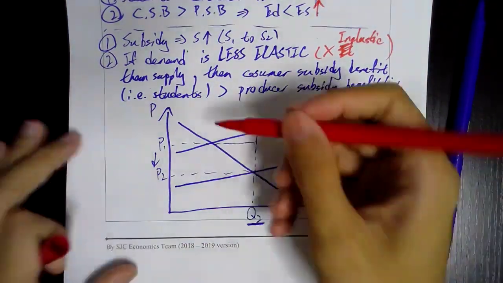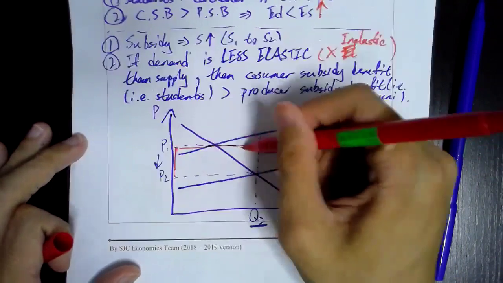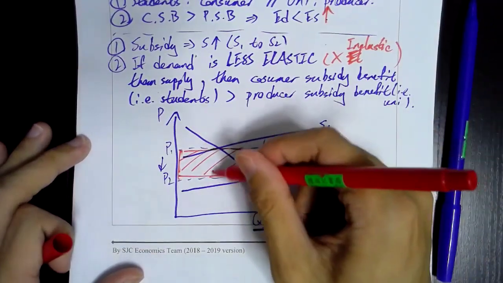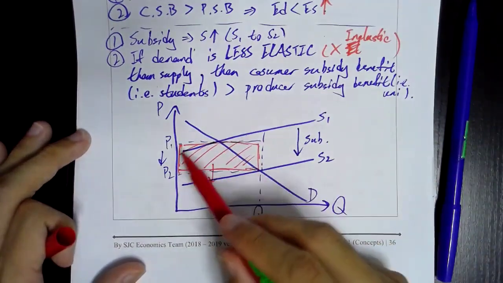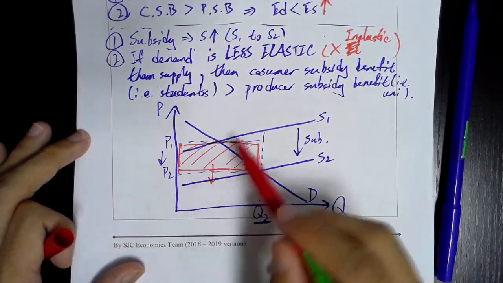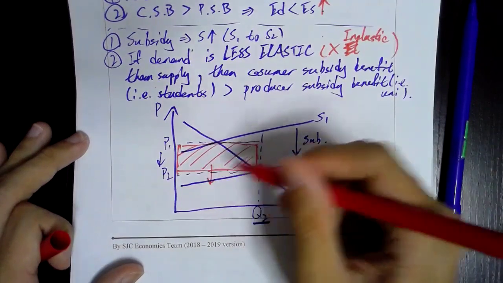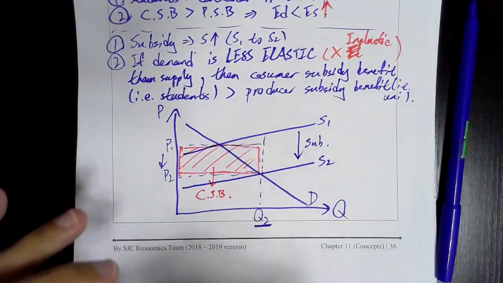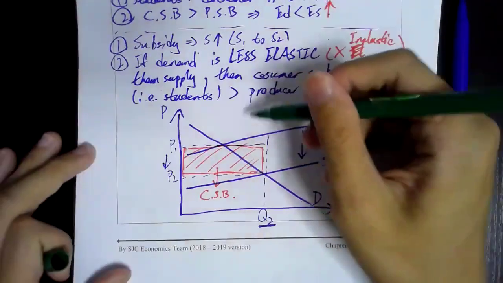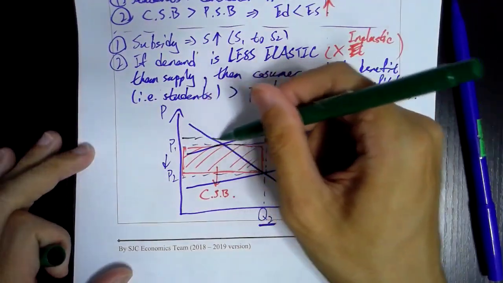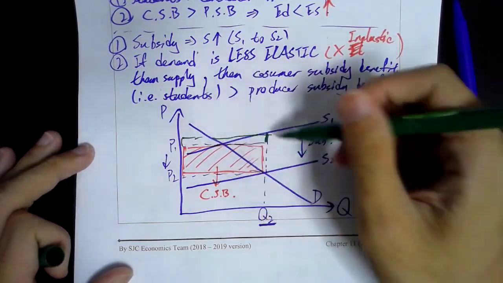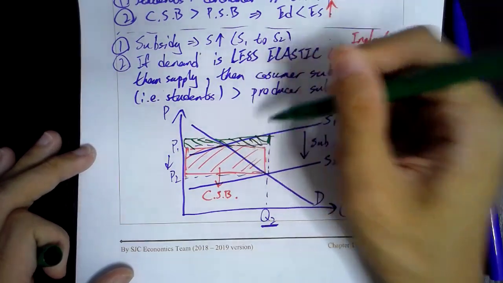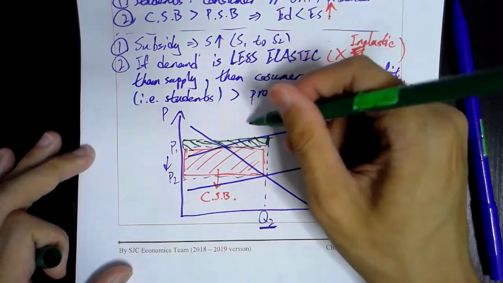Now as price drops, we know that this red box, in exam you can't use red, so use a shading pattern. This is our consumer subsidy benefit. The rest of the subsidy, this time we shade in another way, in another stroke.